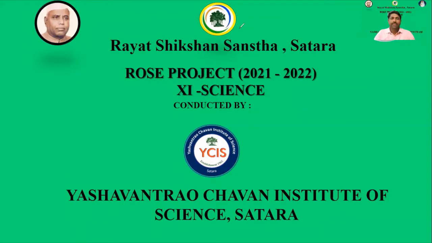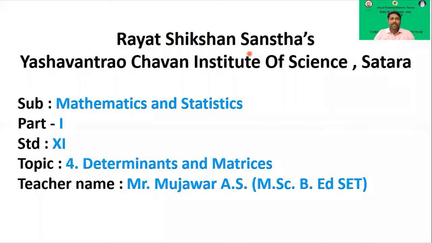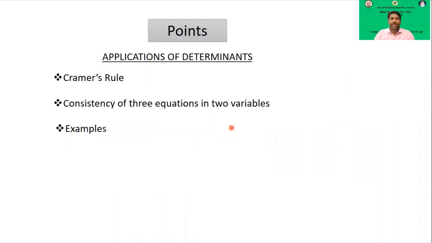In the last lecture, we have seen properties of determinant and examples on properties of determinant. In this lecture, we will see the remaining part of determinant, that is applications of determinant.